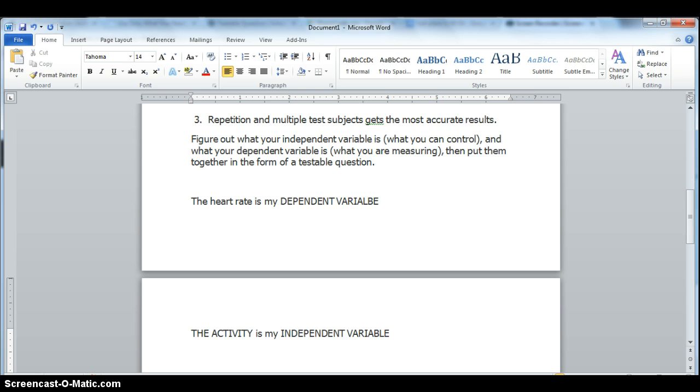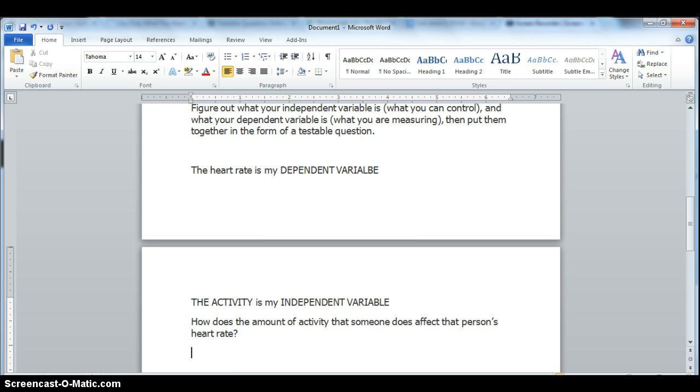So here I go. How does the amount of activity that someone does affect that person's heart rate? Now that's something I can actually test in class, just like I said.